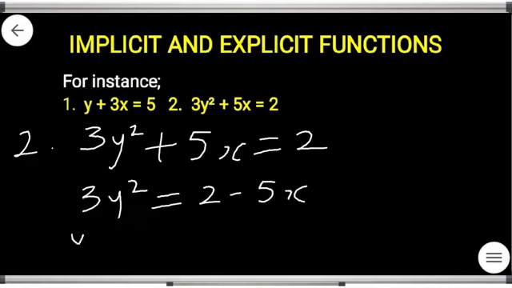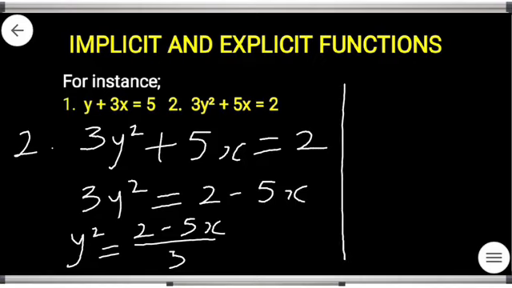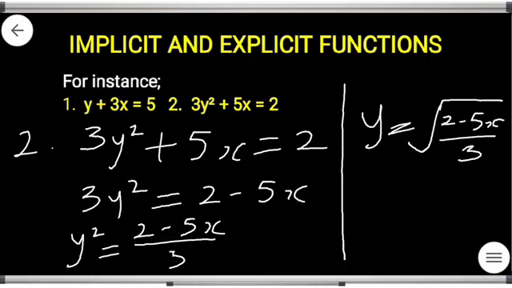Now, by dividing both sides by 3, we have y square is equal to 2 minus 5x all over 3. So, the next thing is to take the square root of both sides. We have y is equal to the square root of 2 minus 5x over 3. This has also become an explicit function of x.